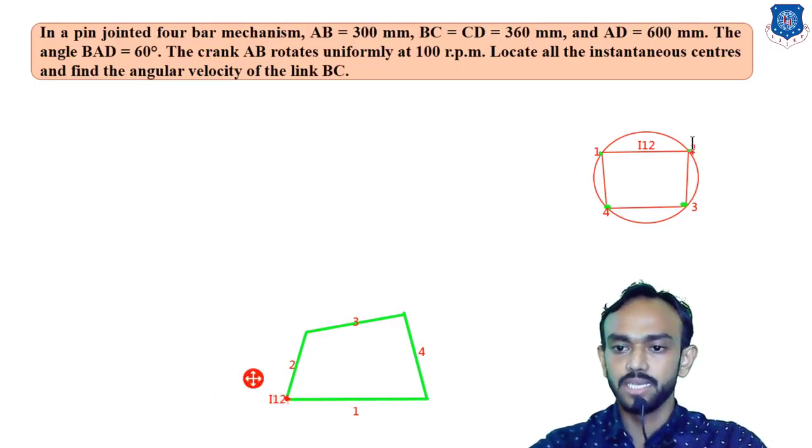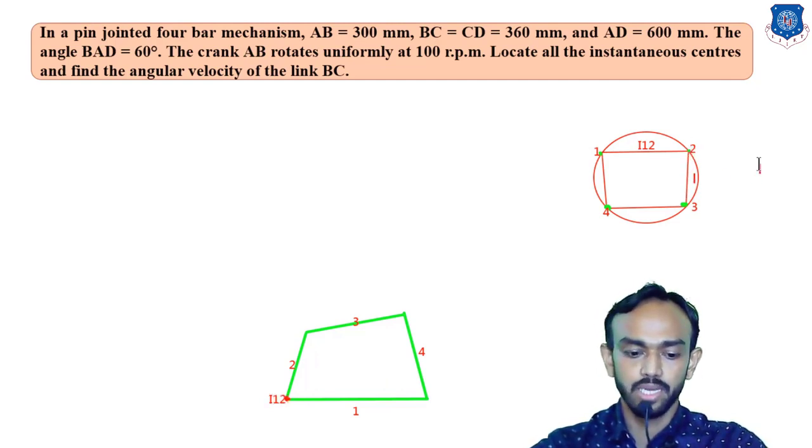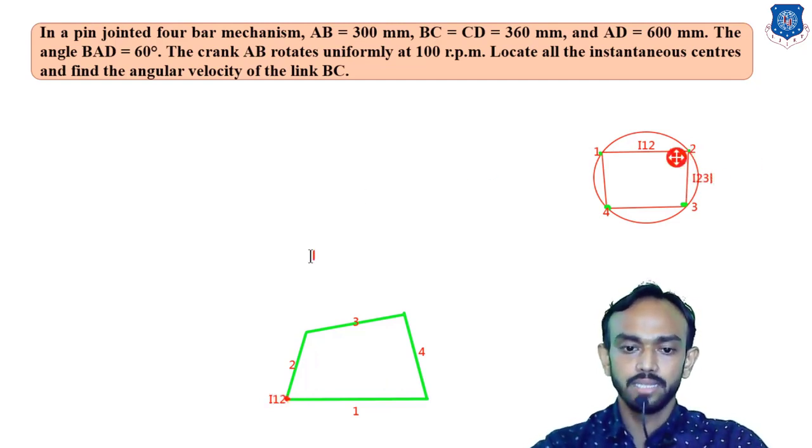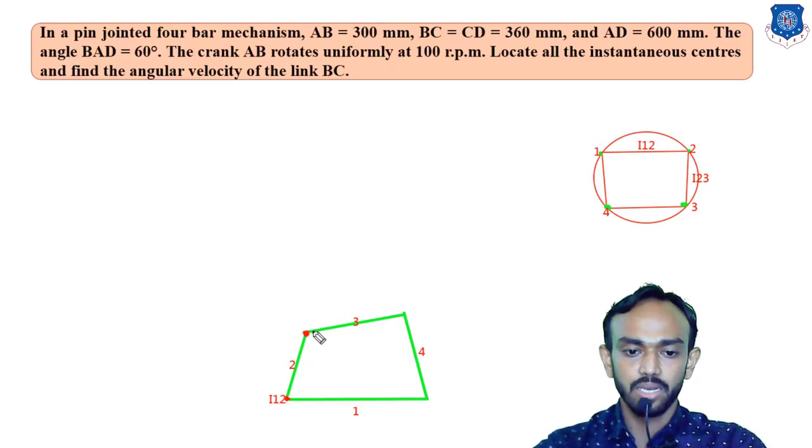After that you can see link number 2 and 3 are connected by this line. So you can give the name here I23, and you can check this point is an eye center, which is a temporary eye center, and this is a fixed one. So this will be I23.